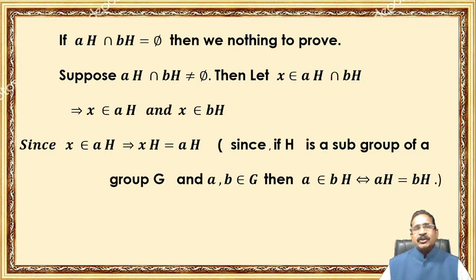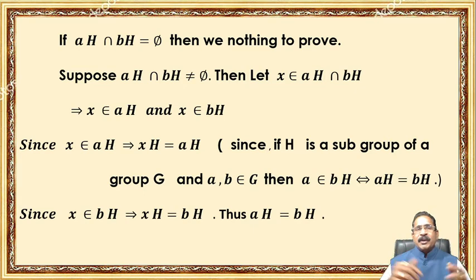Since x belongs to aH, we can make use of the theorem a belongs to bH if and only if aH is equal to bH. Now you can apply the theorem here: xH is equal to aH.